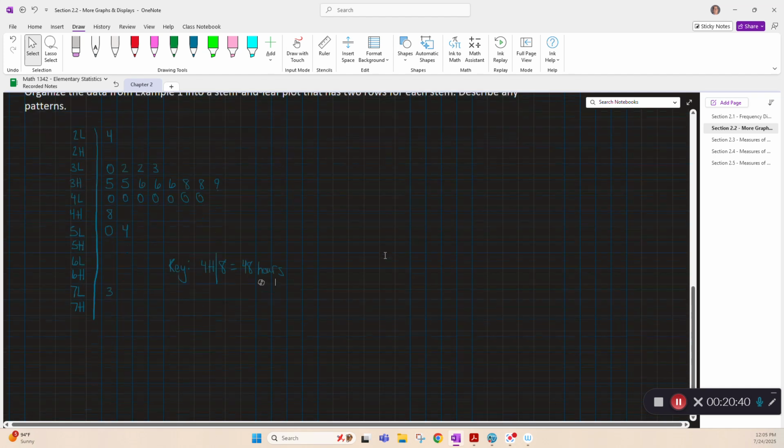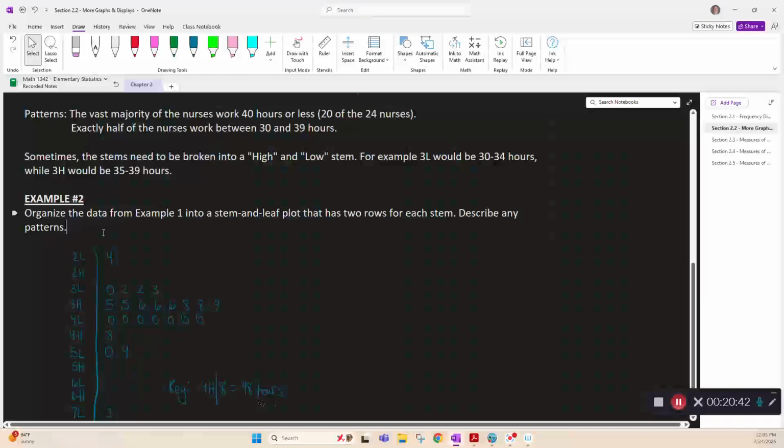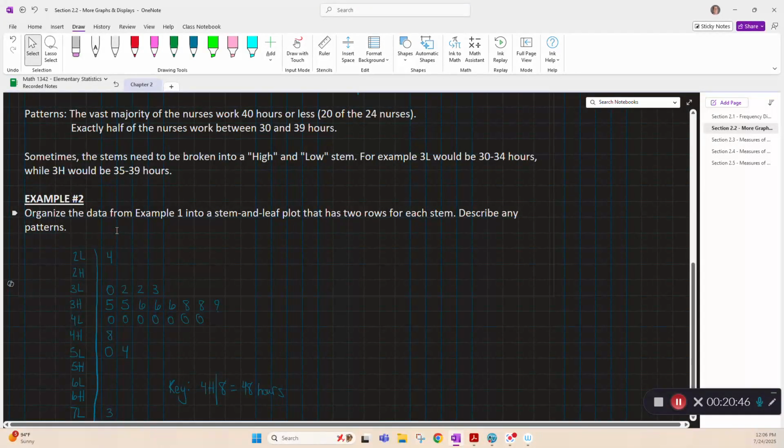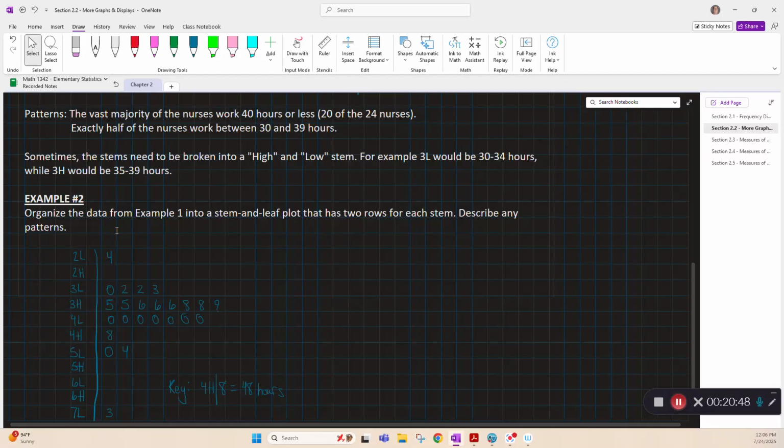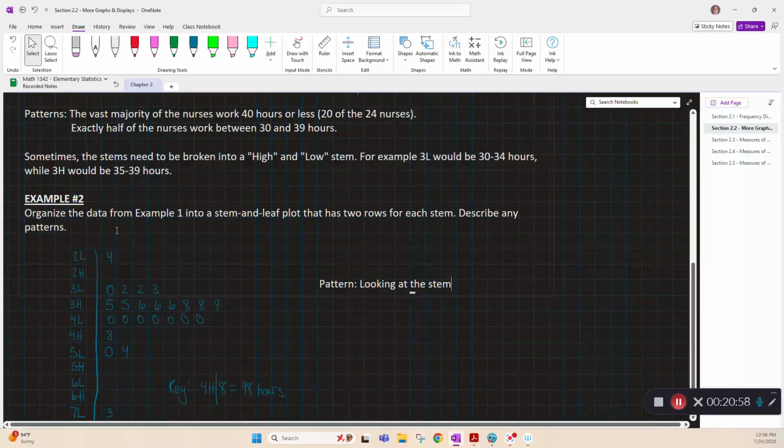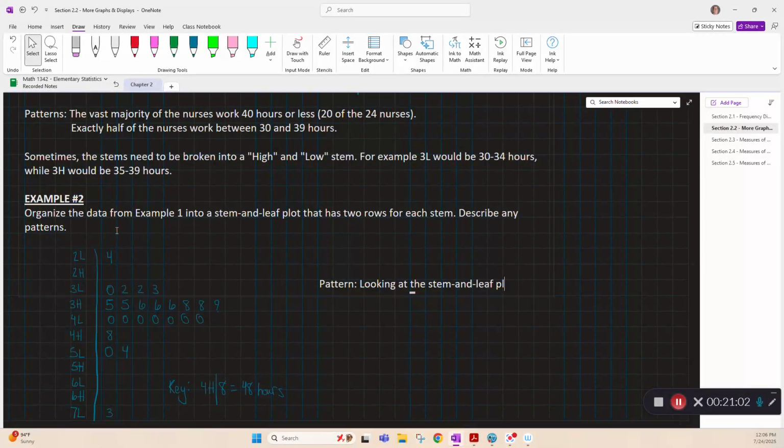So maybe that's the pattern that I talked about over here. Excuse me. Maybe that's the pattern I talked about, looking at the stem and leaf plot in this manner.